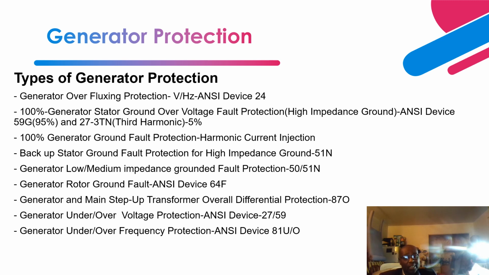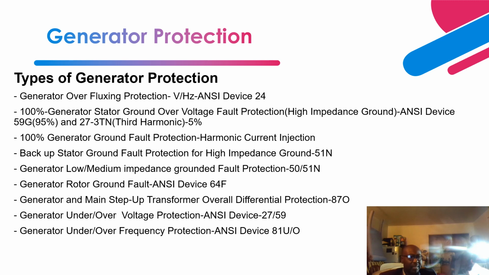It utilizes the voltage and the frequency: you can have an overvoltage condition and a lower frequency. That is when this protective relay is able to detect that condition, and it protects both the generator and the step-up transformer in combination.